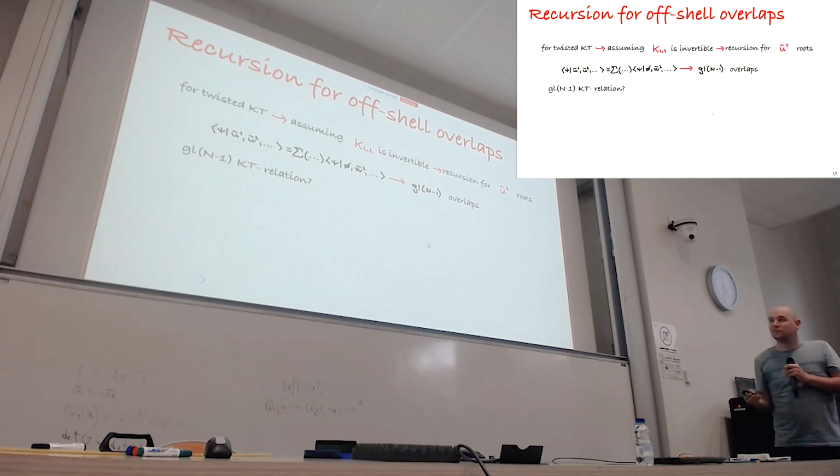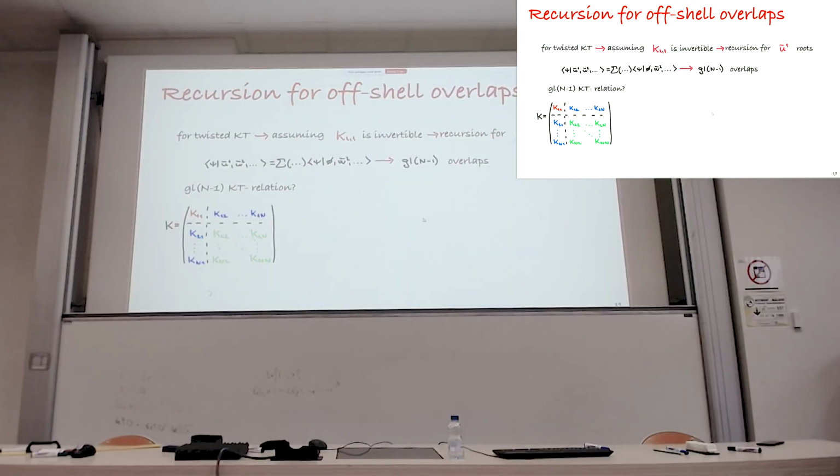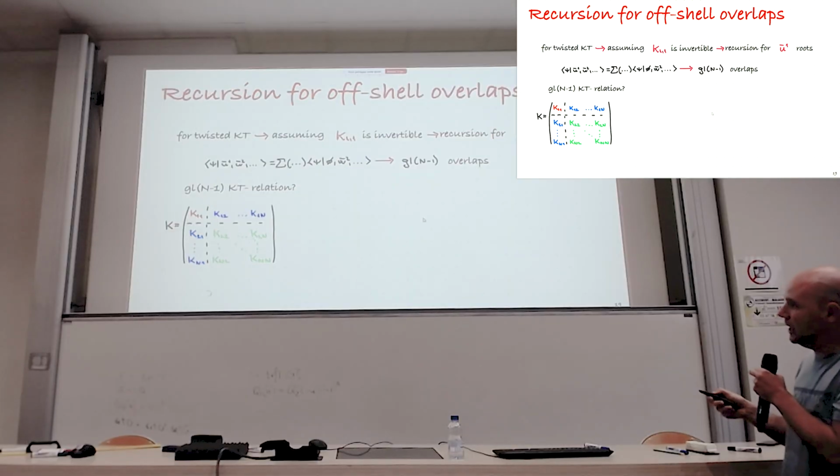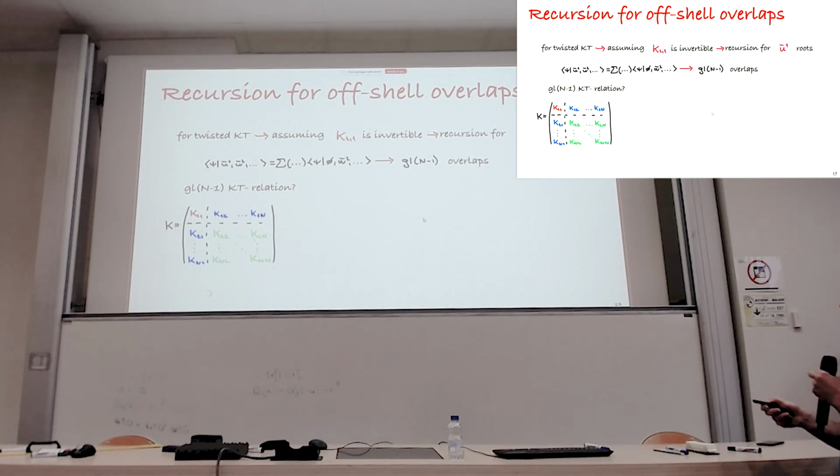And the question is how this recursion continues. So what is the KT relation for this second level system? We can get this block form of the K matrix. So this is the first column and first row. The first guess would be that this block is the GL_{N-1} K matrix.